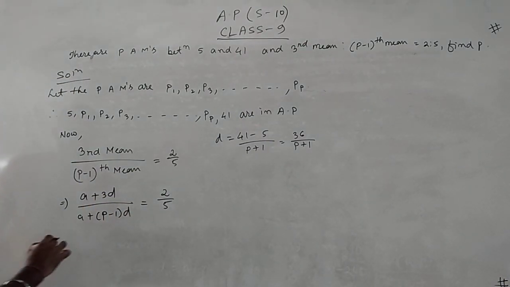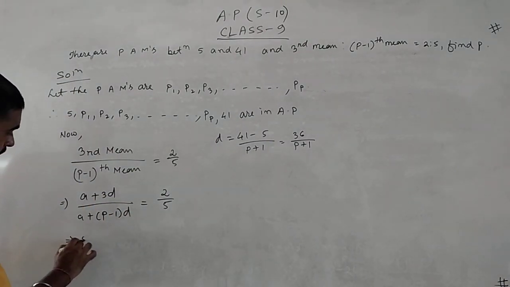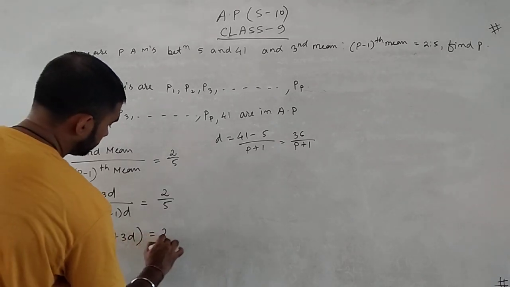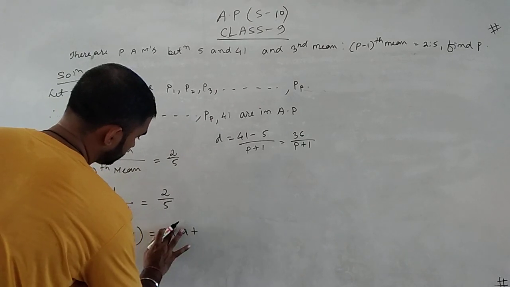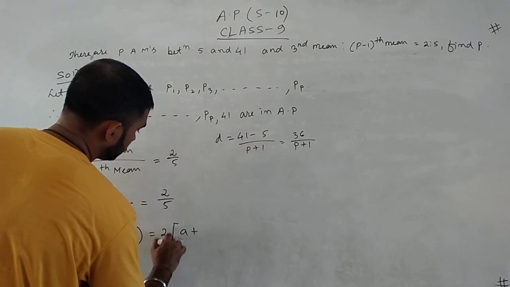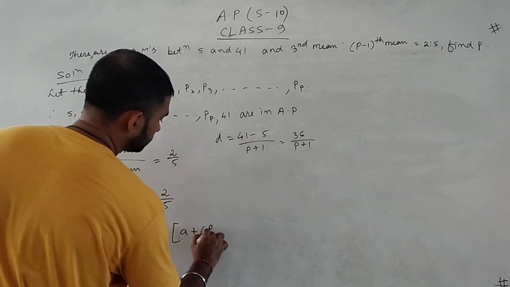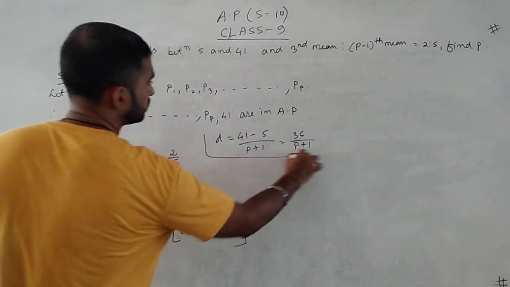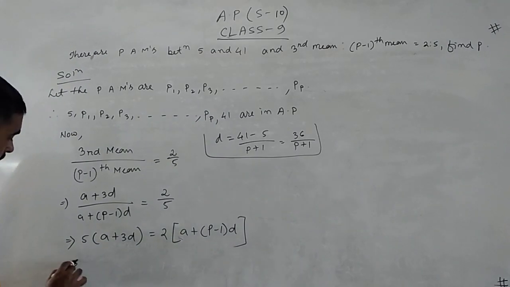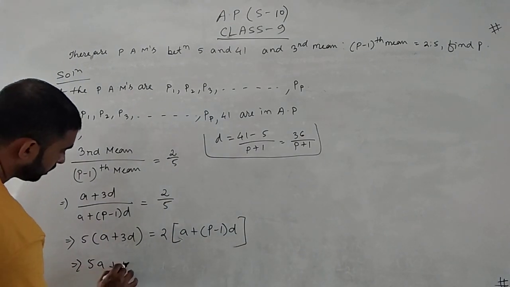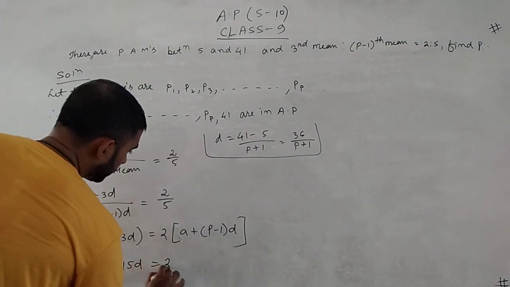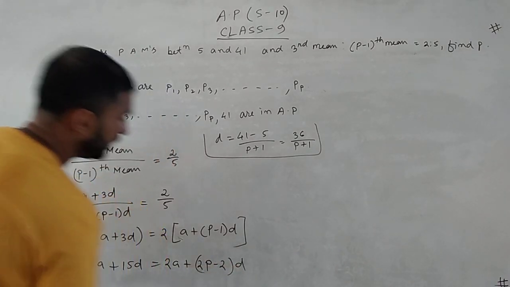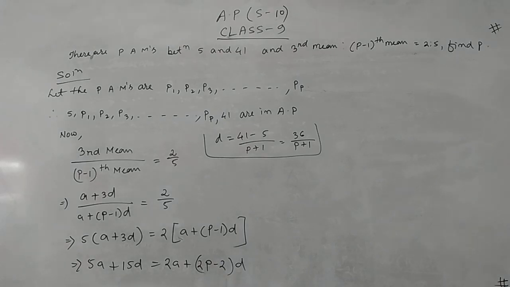And next do the cross multiplication: 5a plus 15d equals 2a plus 2(P minus 1)d. Yes, correct.